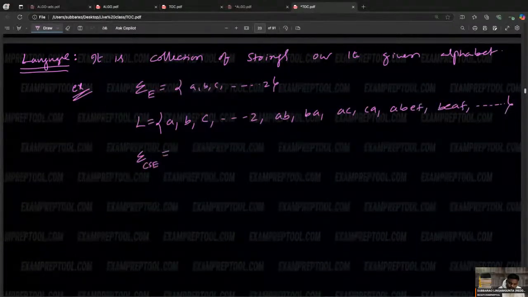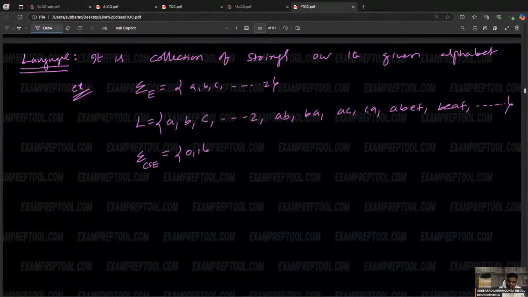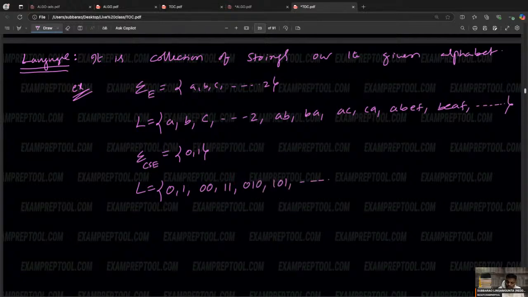Normally, CSC means 0 or 1. Language L is equal to 0, 1, 00, 11, 01, 01, and so on.